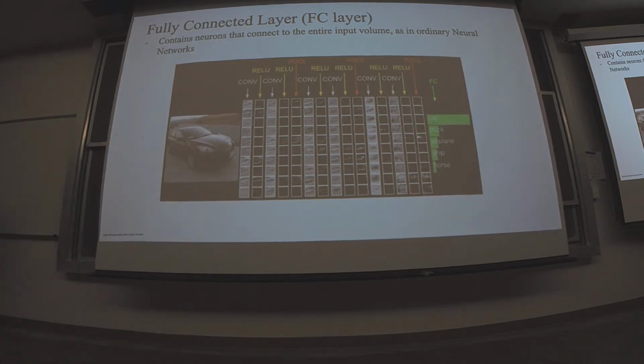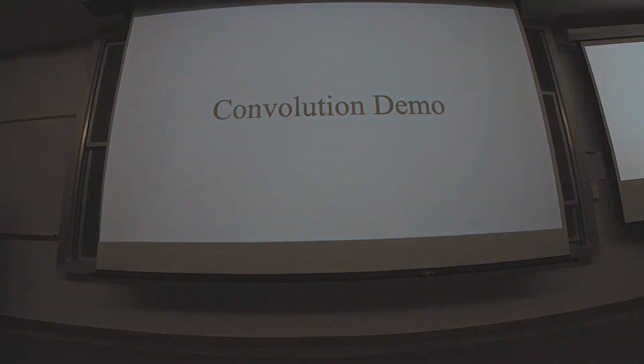And you can either just flatten that all out, like we've done with examples, or you can do what is known as global pooling, which considers the whole channel as one pool, and you might average over all that, or take the max, something like that. But in the homework, we're just going to stretch these out. We just flatten them all out, and you get one big long vector, and that goes into your fully connected layer. We're not going to do this because of time, but there are links to a nice video if you want to look through it.